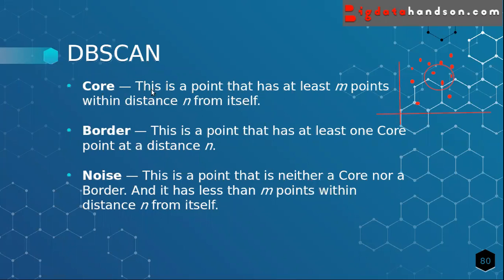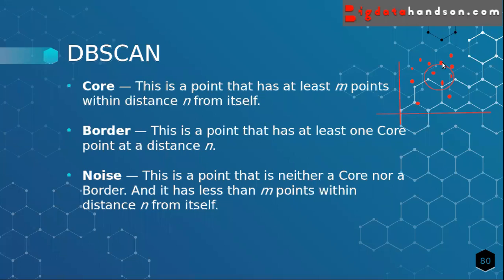Core point, this is a point that has at least m points. So we have at least m points, right? We have minimum 3 points in the circle with the distance n. So now this will become a core point. Then we'll draw again.